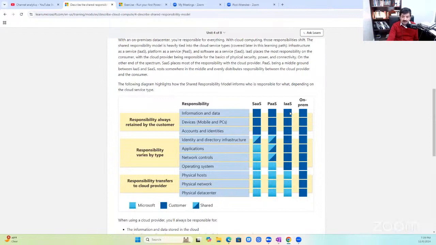With infrastructure as a service, you are doing everything. The only thing is, you have given up the data centers. You have moved your servers to Microsoft or another cloud provider, and you are maintaining all the networks, identities, and applications. So you have just moved servers to Microsoft. The rest you are managing.